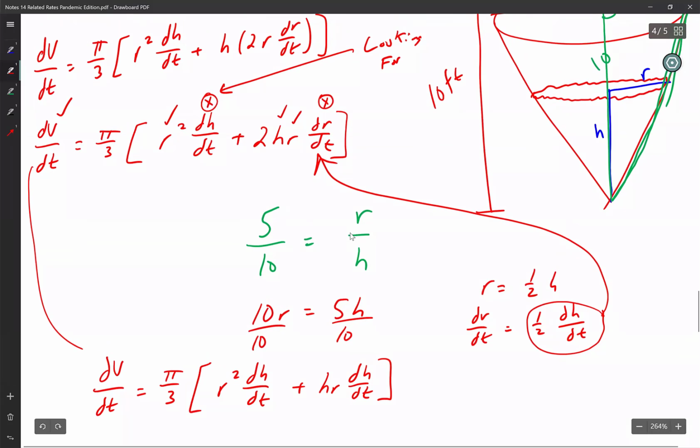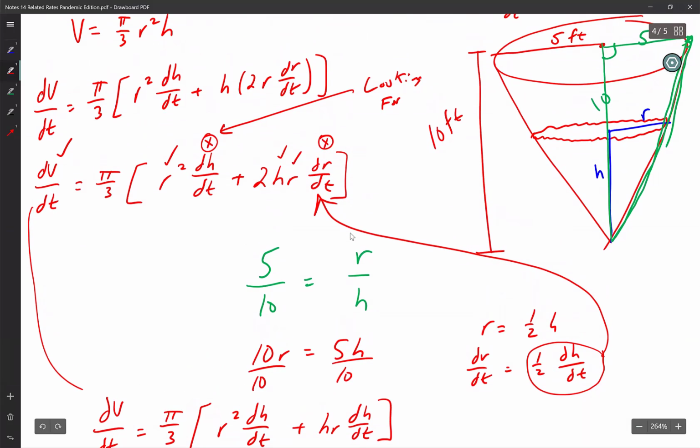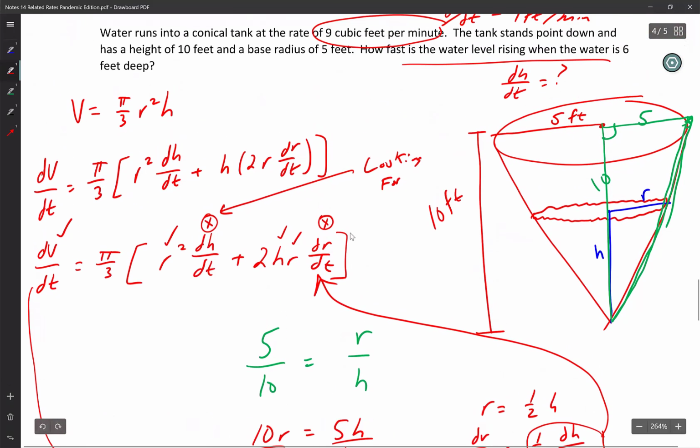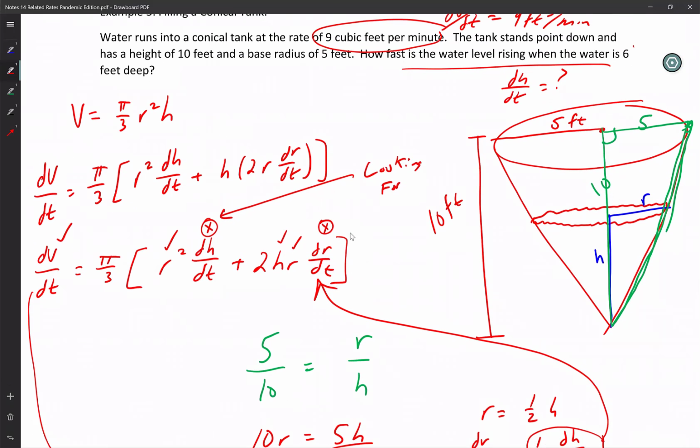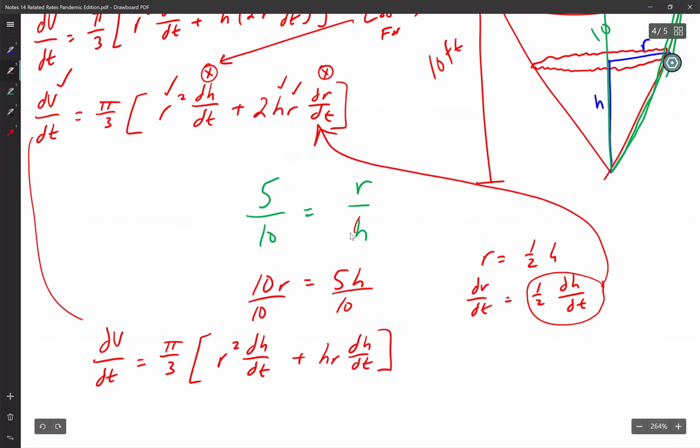Chavez, what do you mean you already have it? Well, yeah, we already know what h is. h is, what was h again? No, h was not that. h was 6 feet. So I can just plug in 6 right there and get r. See? So 5 times 6 is 36, divided by 10, is r 3.6? It looks like it is.